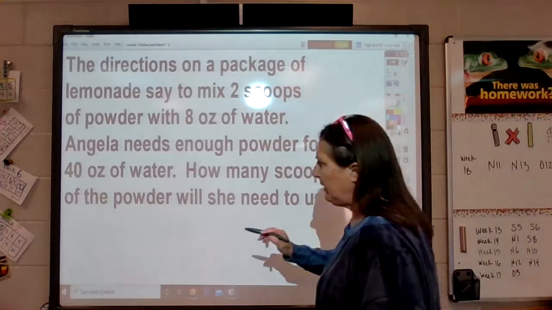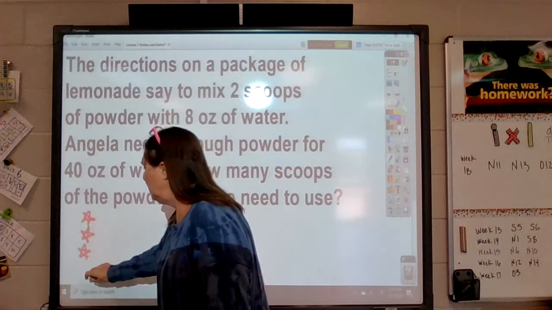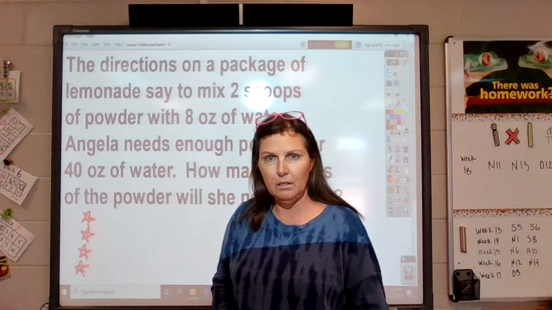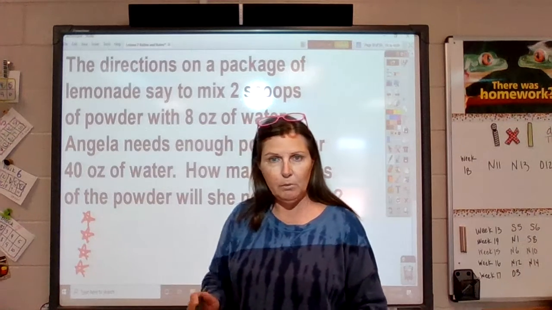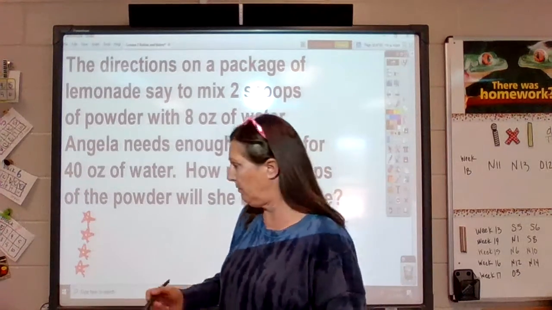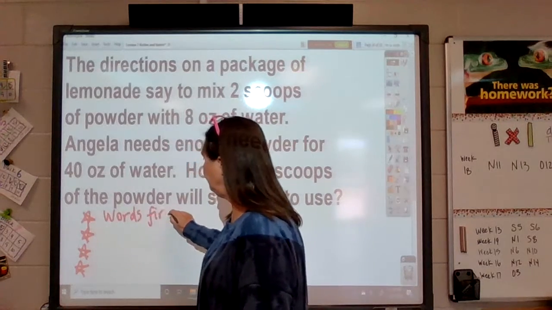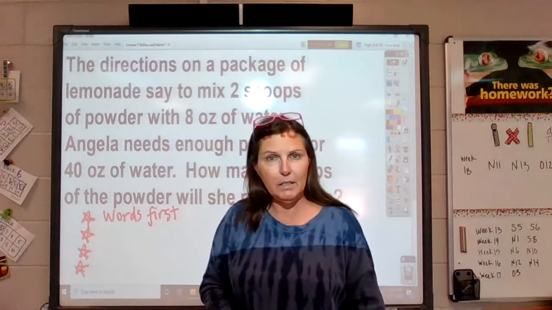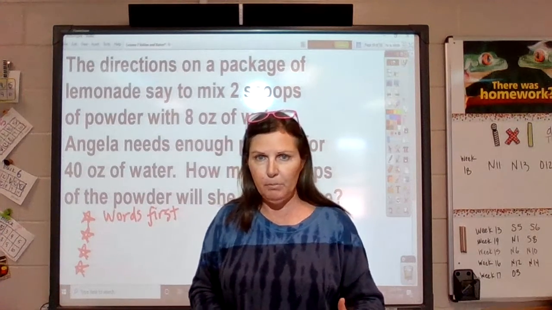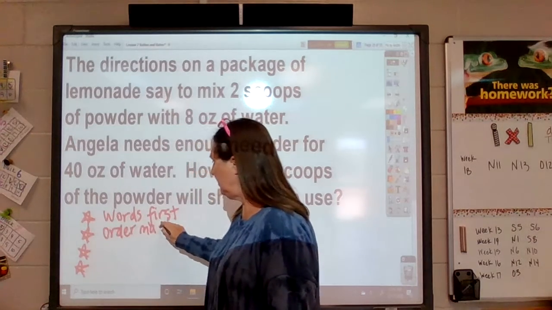And then when you're solving ratio problems, you have 4 steps. All right, our very first step should be we're going to make sure we write our words first. We're going to figure out what we're comparing, what 2 things, and we're going to write them in words first. Our second step is when we're adding our amounts to our ratio, we have to remember that order matters.